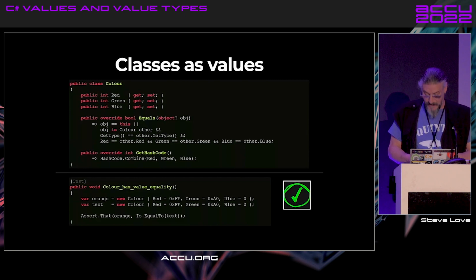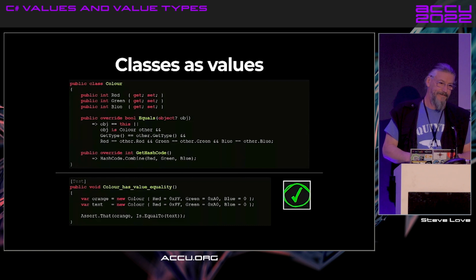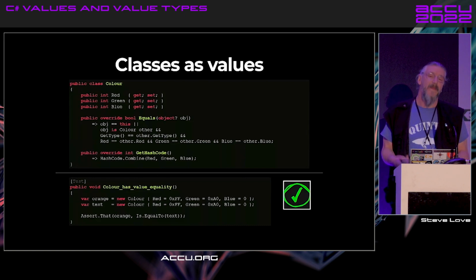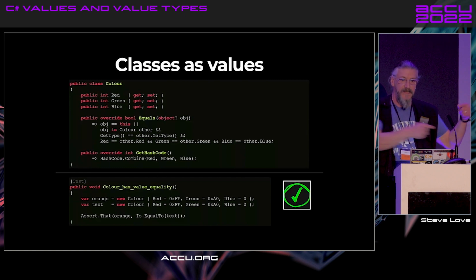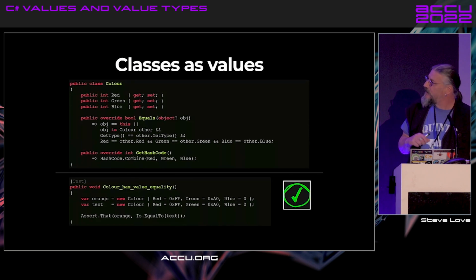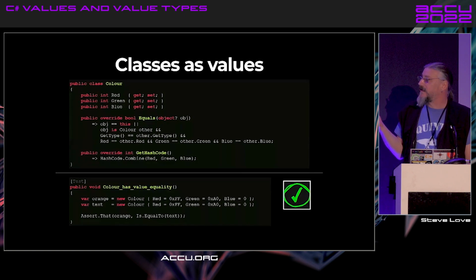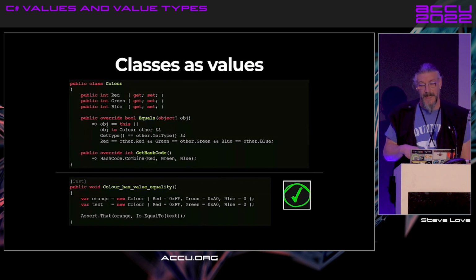And that first line in the equals method is really just an optional optimization, because if the two references are the same, then they must have the same state, because they're references to the same instance. So if that's true, then we can just bail out early. On the second line of the equals method, that obj is Color other is a type pattern combined with a declaration pattern.